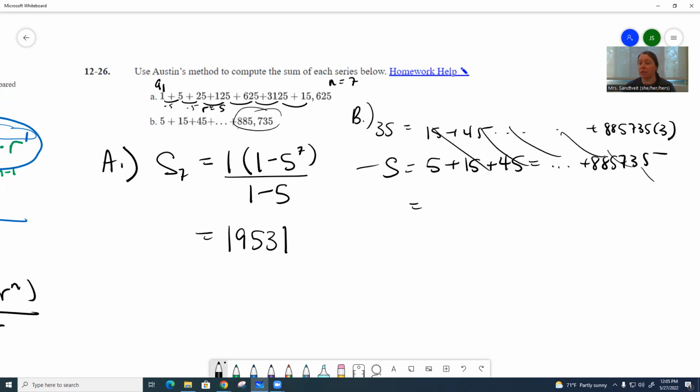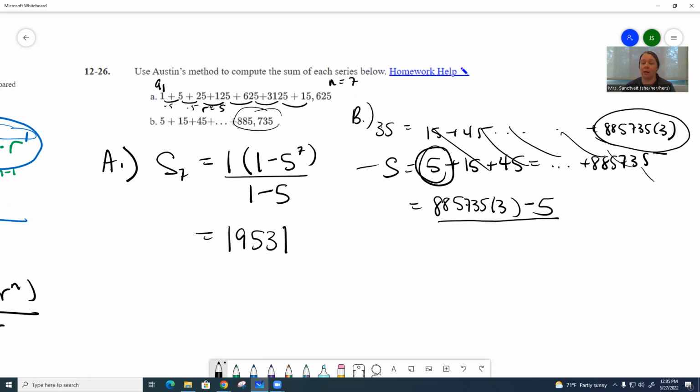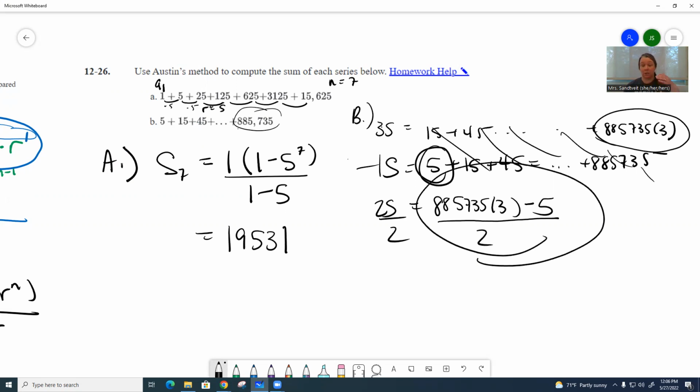So what I'm really interested in is my last term minus my first term. So here's one we're seeing. It's not always minus 1. It's minus the first term divided by the difference between your multiplier and 1. 3s minus 1s is 2s. So divided by 2. And then just, again, put that into your calculator. I would put it into my calculator all in one shot, and you get 1,328,600. Okay, so that's the big idea, geometric series.